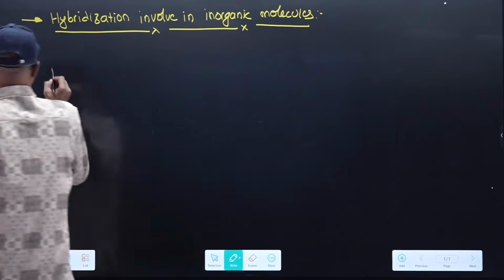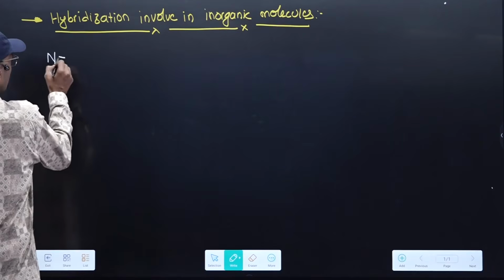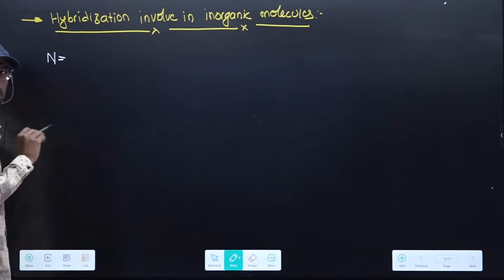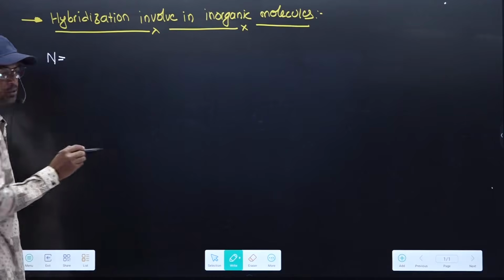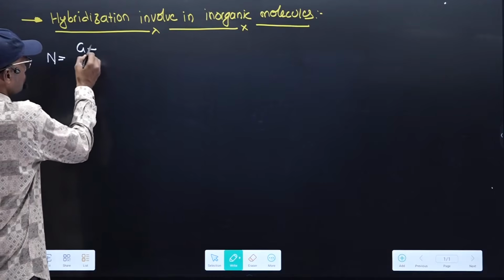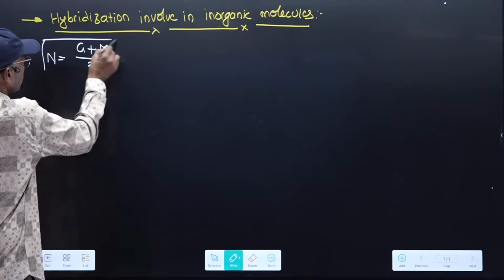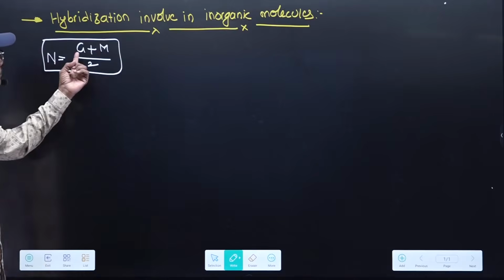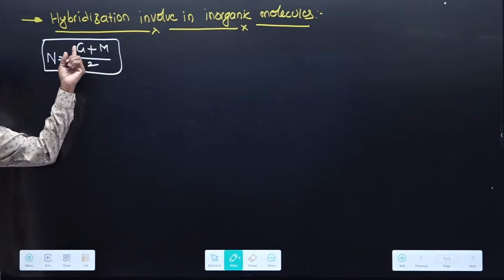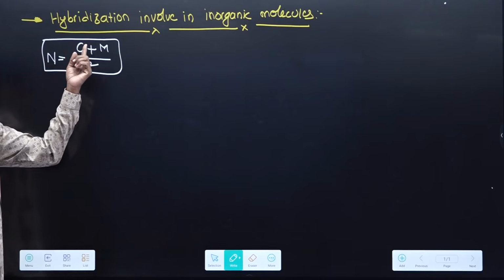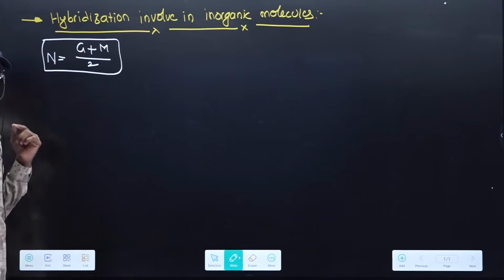See, if I take N, nothing but neutral, there is no charge in an inorganic molecule. So, hybridization is (group number plus monovalent) divided by 2. This is a formula. What does G indicate? Group number. Carbon group number is 4, nitrogen 5. What are monovalent?